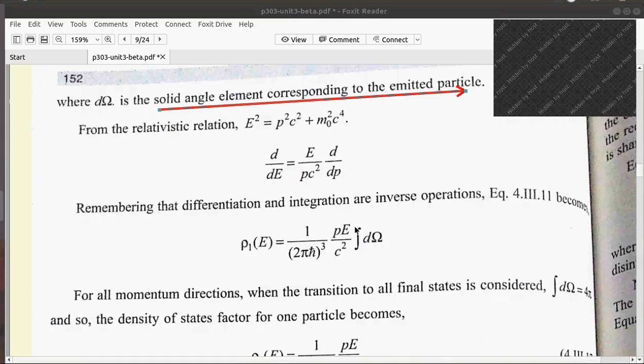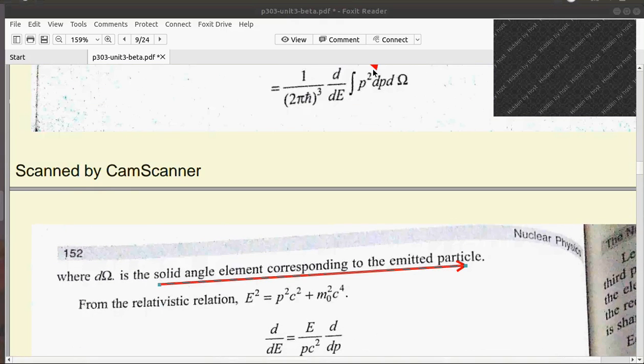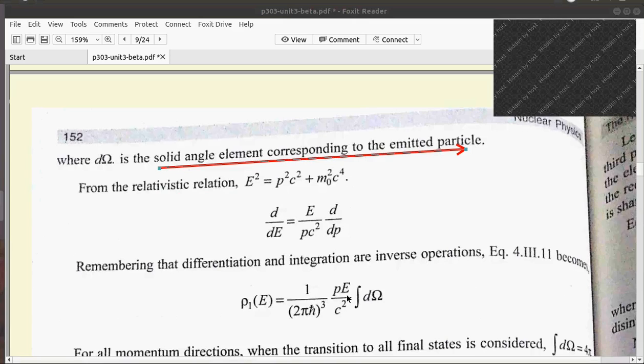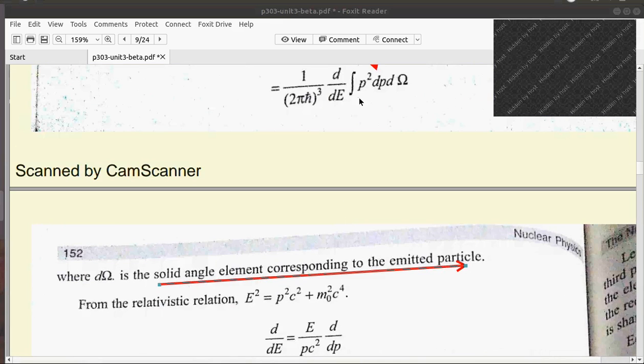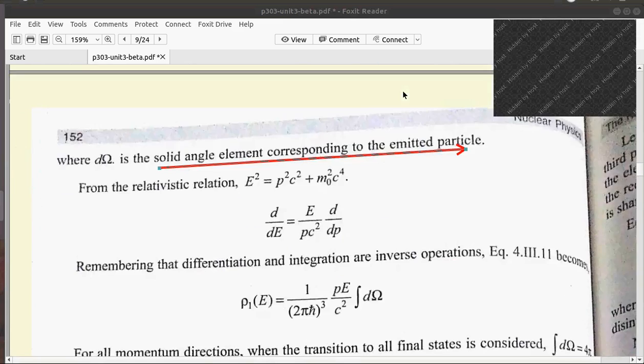P into E. The P that is below and P square will cancel out, so 1 P is left, so you will get P into E. And C square is already below, so C square will be available. Then integral of d by dP will be there, and then there is this integral and dP. So dP will cancel out, so only d omega is left.